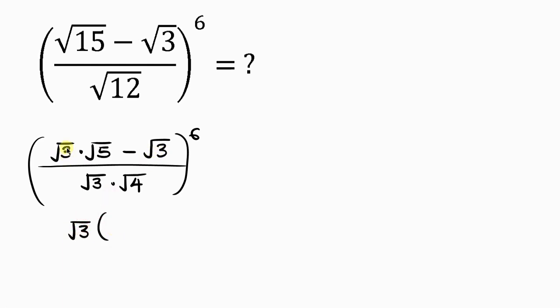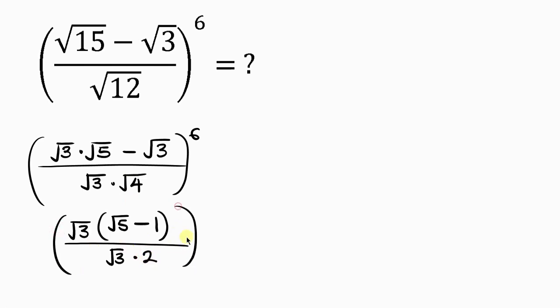Now, square root of 3 times square root of 5 divided by square root of 3, I'm going to have the square root of 5 minus the square root of 3 divided by the square root of 3, I'm going to have 1 all over the square root of 3 times. Now, the square root of 4 is 2. And this is raised to the power of 6.